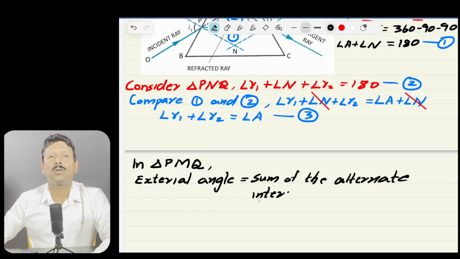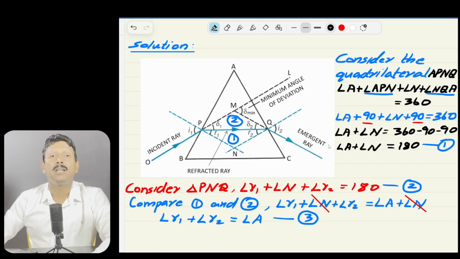The equation we are going to follow is exterior angle is equal to the sum of the alternate interior angles. Here you can see that the angle is not mentioned yet. I am going to mention the measurement method. Here, very easy way you can understand actually. You remember the vertically opposite angle concept that we are using here.